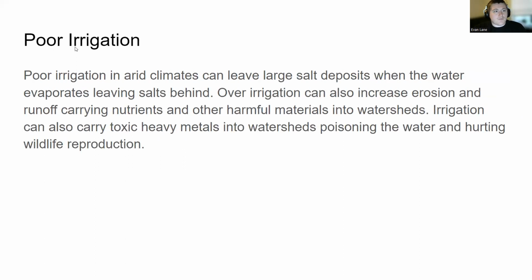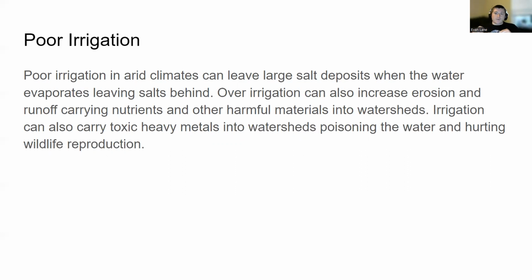So then the next one would be poor irrigation. There's a slew of irrigation tactics that lead to the poisoning of groundwater and other pollutants from the agricultural runoff. Basically, in arid climates, nutrients don't go very deep into the soil; they just sit on the top.